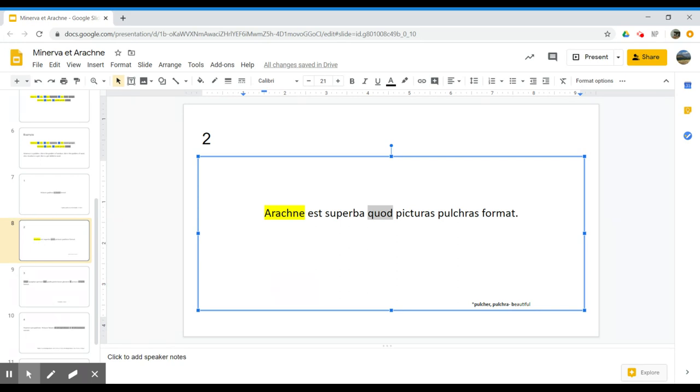You see how useful it is. Quod means because. Arachne is proud because picturas pulchras format. Well, that looks really familiar. That's exactly what the last sentence said. She makes beautiful pictures. So put it all together. Arachne is proud because she makes beautiful pictures.